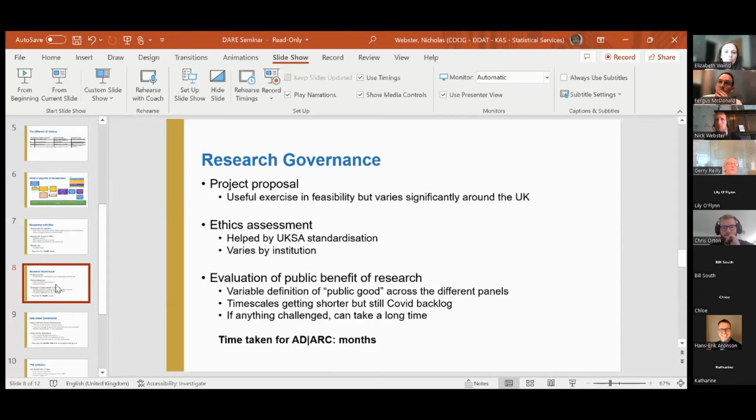And some projects do end up taking quite a long time clarifying what public good means to be able to pass this stage. It's a very important stage, but it does feel like an area that could do with a bit more thought and a bit more consolidation around the UK. Time taken for ad hoc for this area of accessing the data has been months.